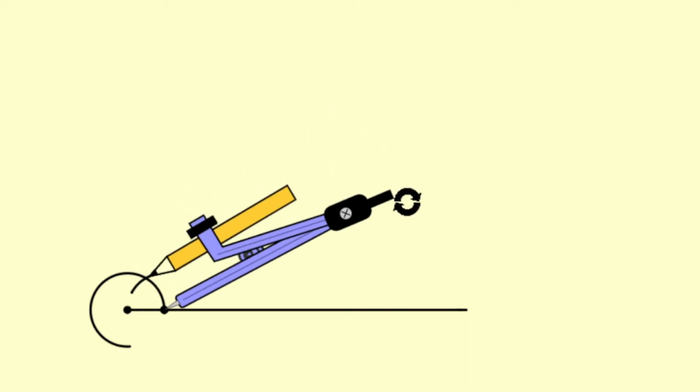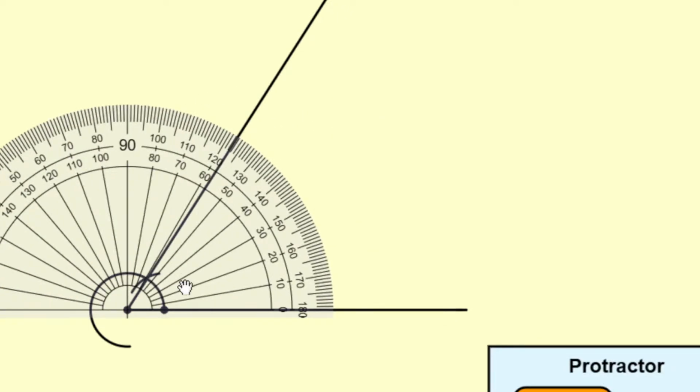Then with this point as center, we'll cut one arc in this way. Where both arcs intersect, from that point we draw one line. Okay, so it is not accurate. Let me do it once again.